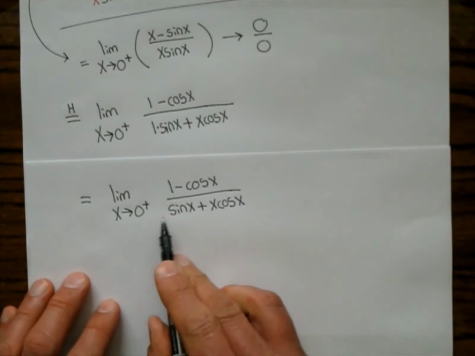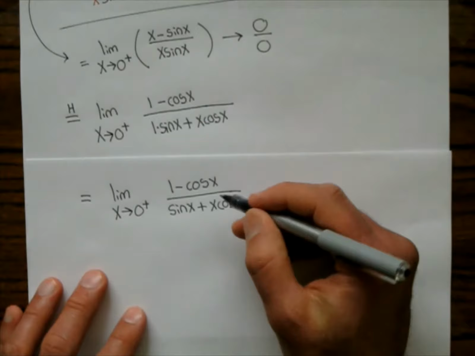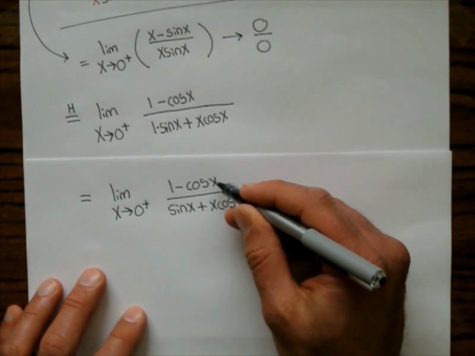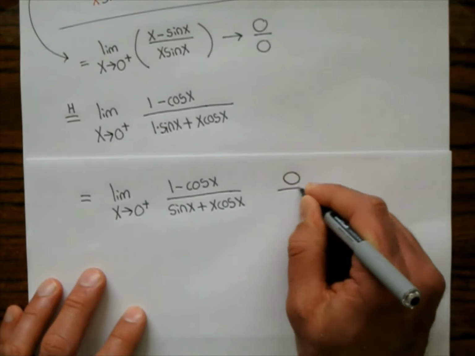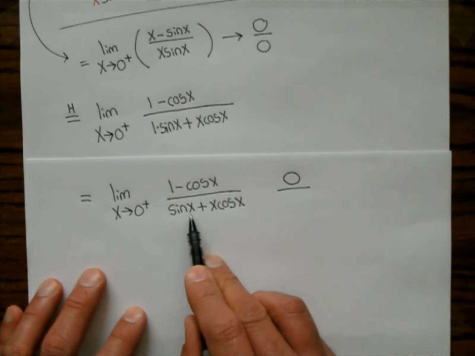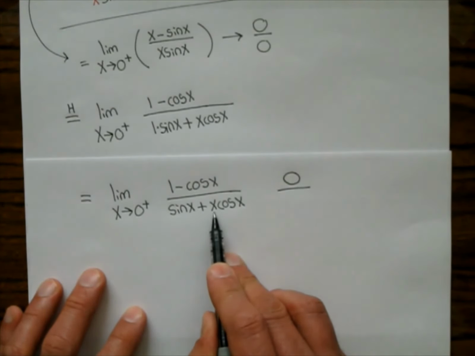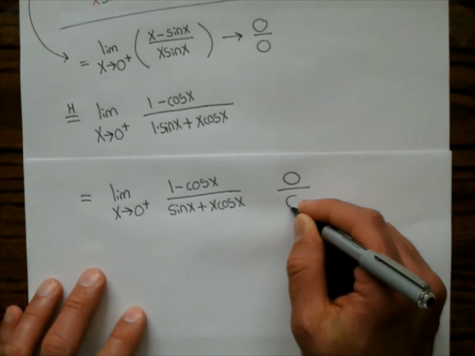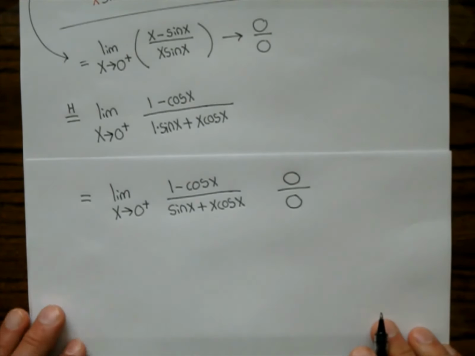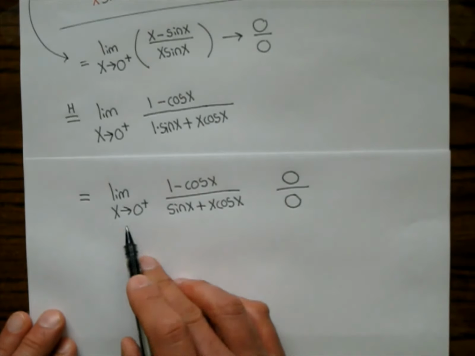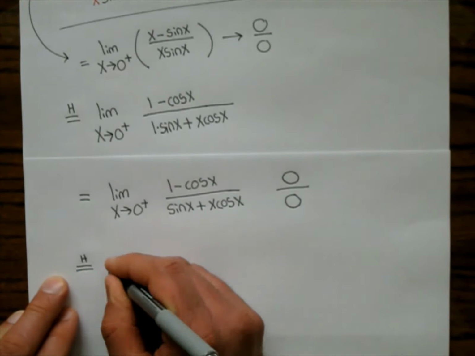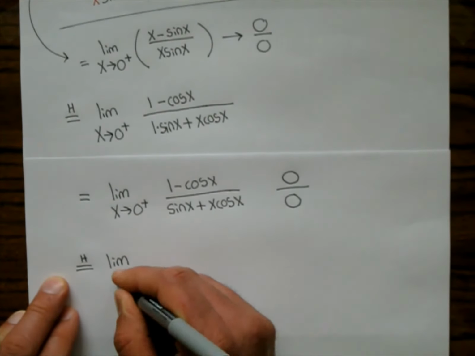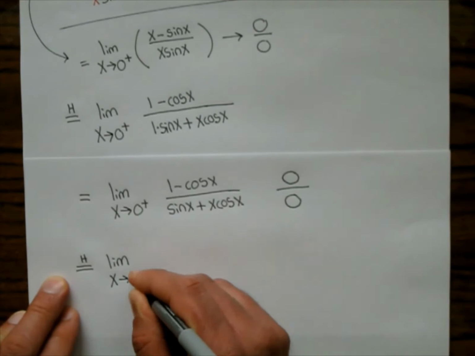So I put 0 in on the top. The cosine of 0 is 1, so I have 1 minus 1, which is 0, and on the bottom I have sine of 0 is 0, and then a 0 times a 1, so I have 0 on the bottom. So, wow, I've got to do L'Hopital's rule a second time on this problem. But I can do that because it's 0 over 0.